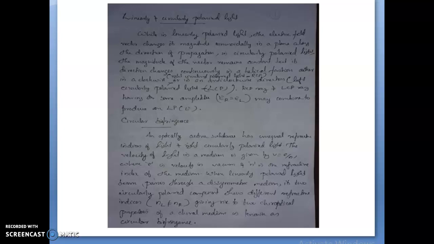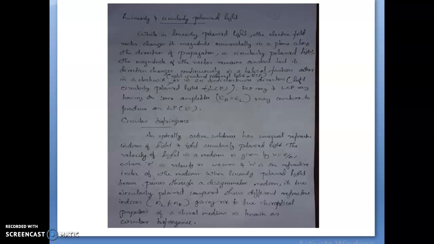In general, the velocity of light in a medium is given by V = C/N, where C is the velocity in vacuum and N is the refractive index of the medium. When a linearly polarized light beam passes through a dissymmetric medium, its two circularly polarized components show different refractive indices.